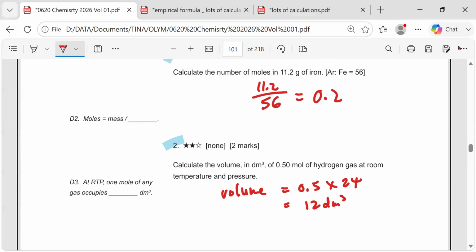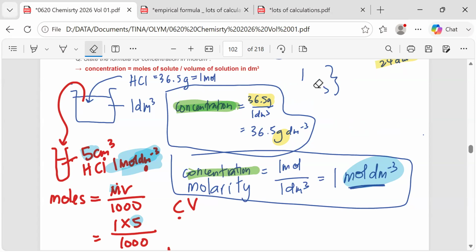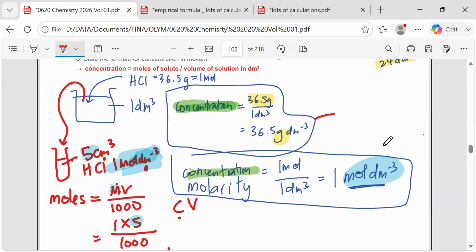Wait, hold on. These two that I showed you just now, are they talking about the same value? Yes. If I have gram per decimeter cube and I want to change it to mole per decimeter cube, I just have to divide by the molar mass.